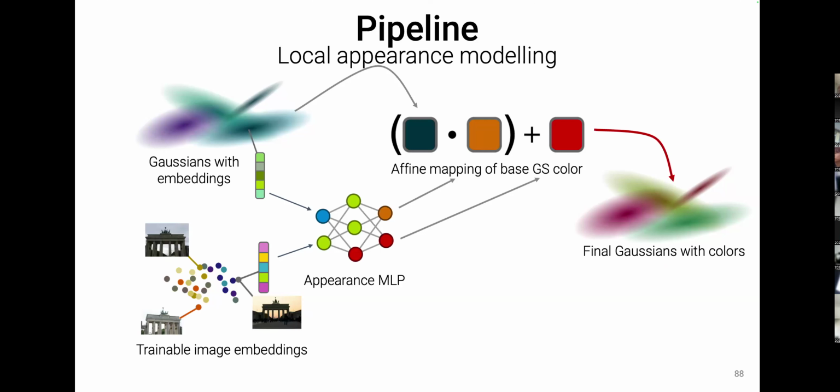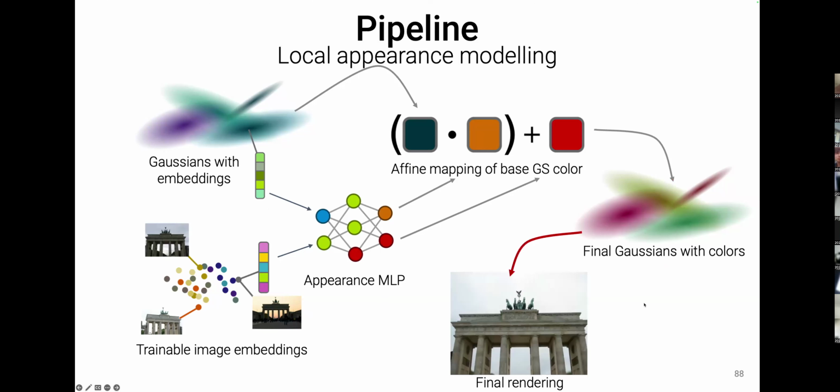And note that if needed, we can actually simply bake these final Gaussians into 3D-GS for better portability and faster runtime. So we don't need to keep the whole thing together. Once you run it, you can just keep the result. And yeah, you can render this out, and then you can have the loss on that.